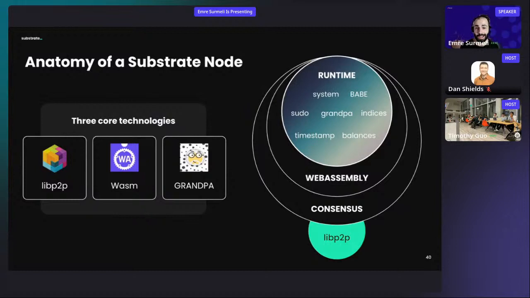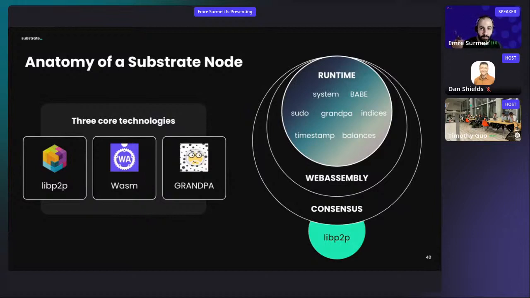GRANDPA is happy as long as two-thirds of all nodes are in agreement. As long as two-thirds of nodes agree, every time a new block is added to the chain, GRANDPA adds as many into the chain as it can. This is a deterministic approach that has a probabilistic fallback.